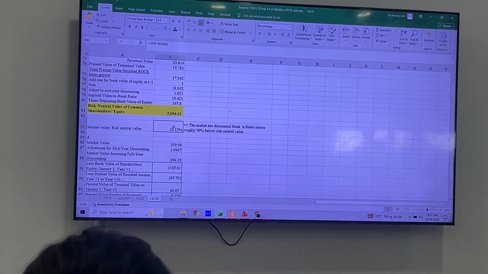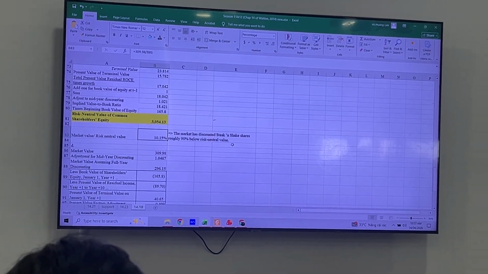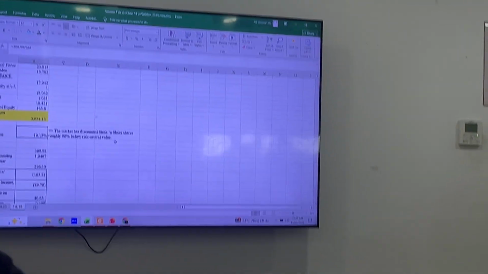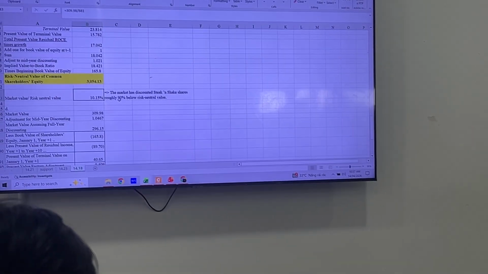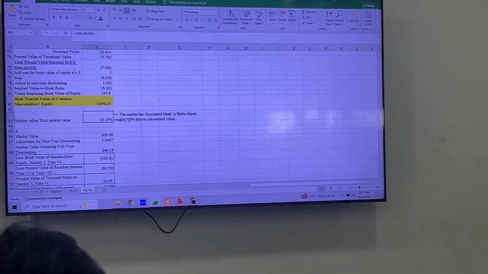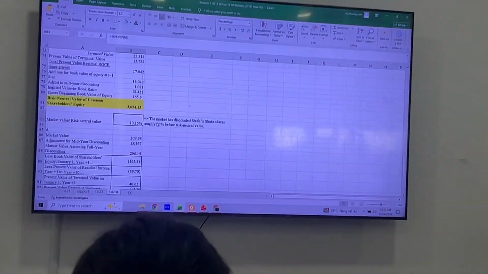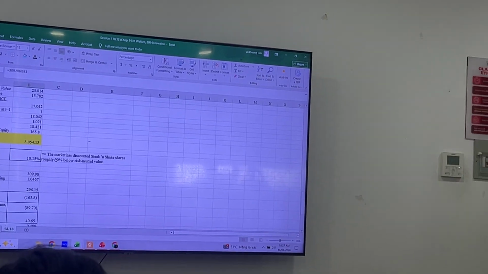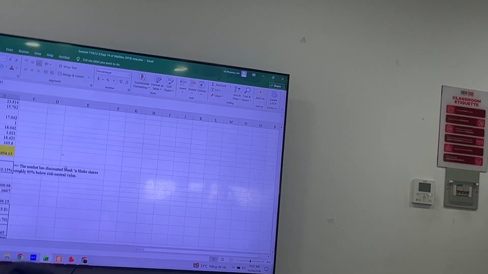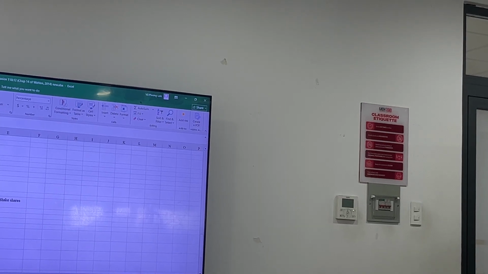So it means the market has discounted your firm by 90%, given the risk. It's too large, right? You cannot conclude immediately. Whether it's too large or too small, you compare with the level of risk of your firm. But here, what we can conclude is that the market has discounted this company's share roughly 90% below its risk-neutral value.